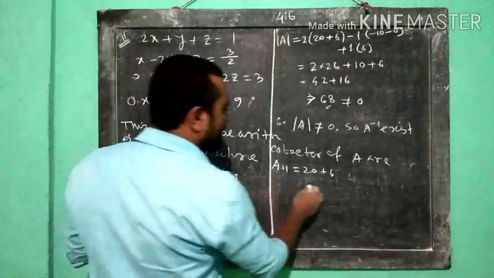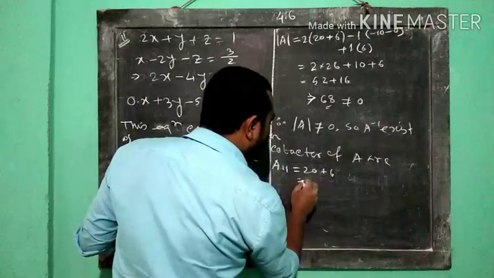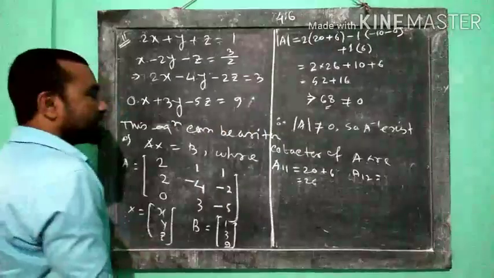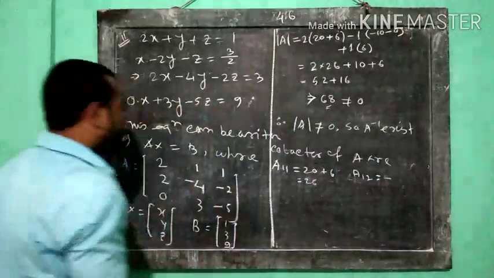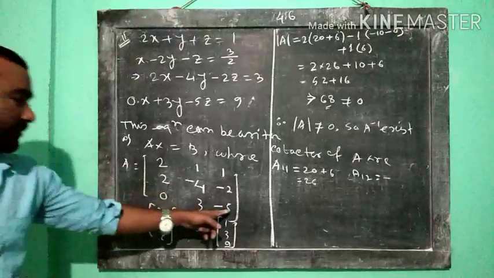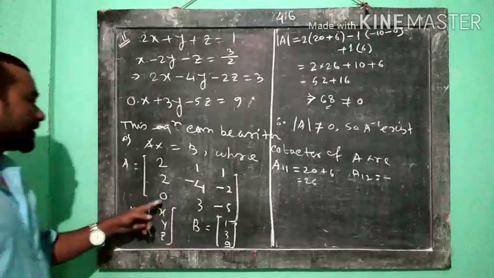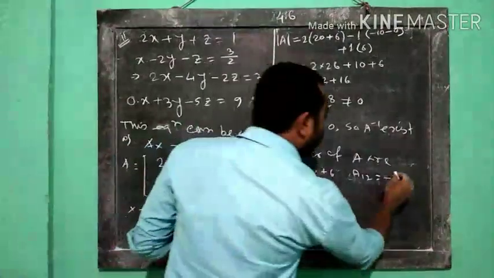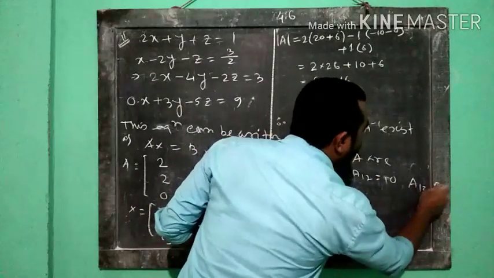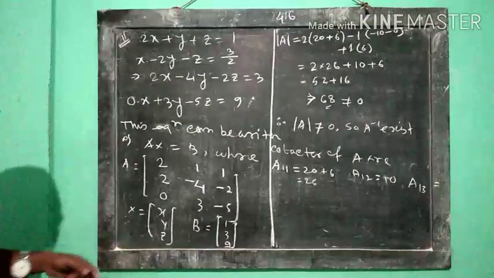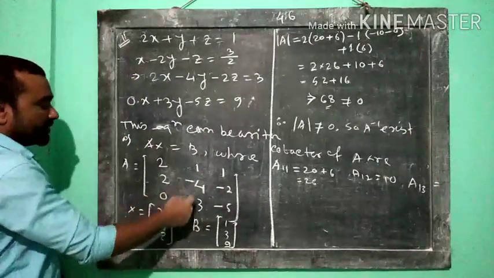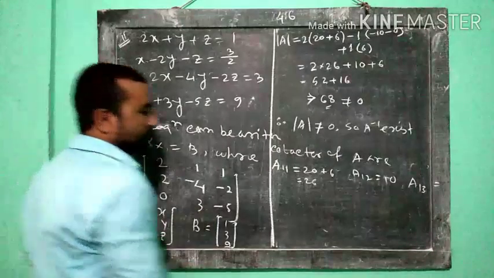So A11 is 26. And next A12. That means the sign should be negative here. So cancelling by this and this, then what do we get? Minus 10 into 0. So this is minus 10, that means this is plus 10. And lastly A13. A13 equal to what? Cancelling by first and third column, then 6 minus 0. This is only 6.